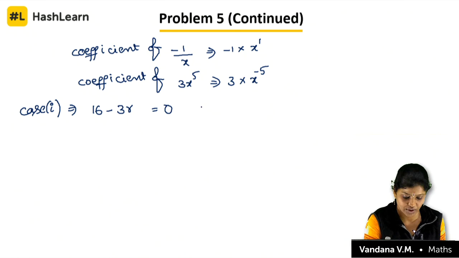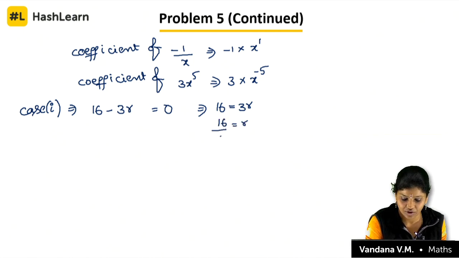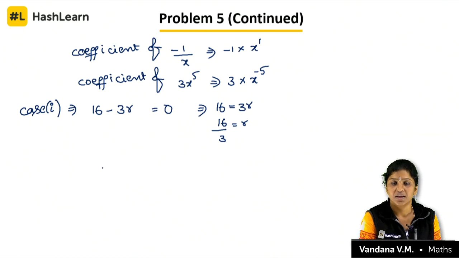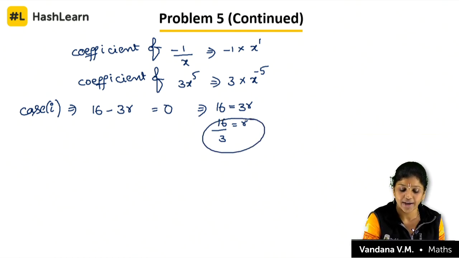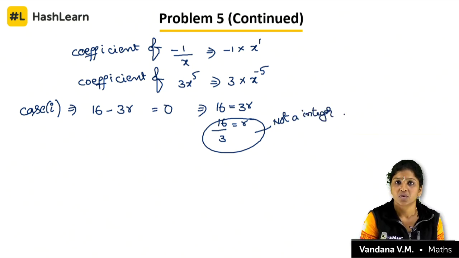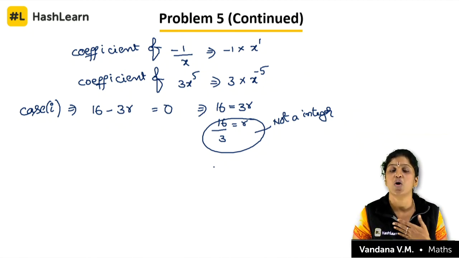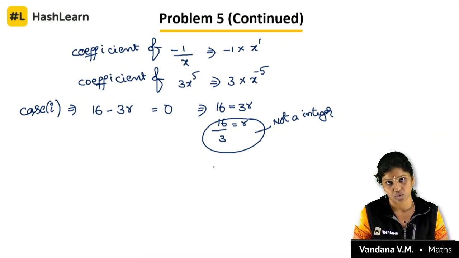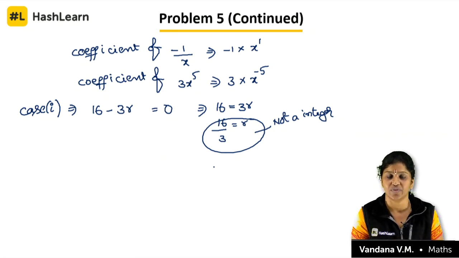If you equate to 0, I will get 16 equals 3r, r is equal to 16 by 3. Clear, children? But it is not an integer. Not an integer. So, it is not happening. So, it is not possible. So, that means in that expansion, I am not going to get any constant. All with the x terms only I am going to get. That is the meaning of that.